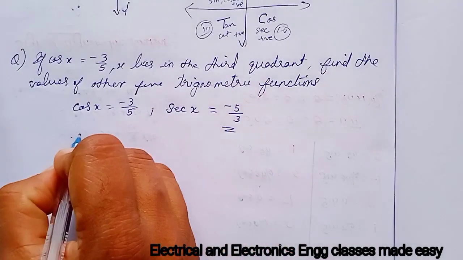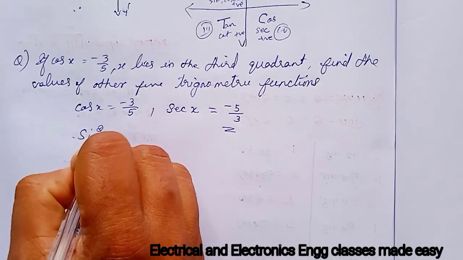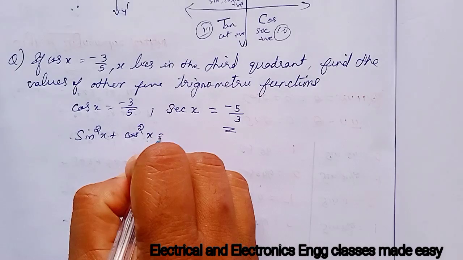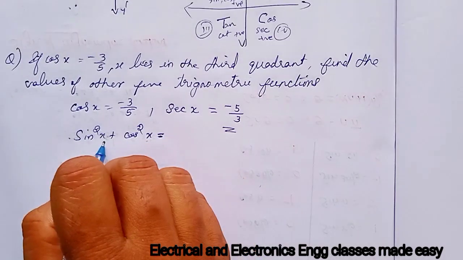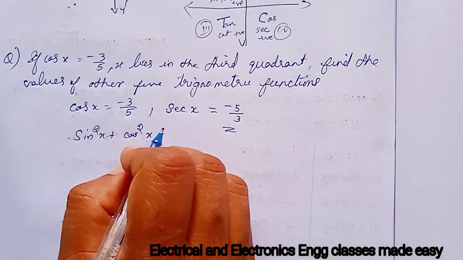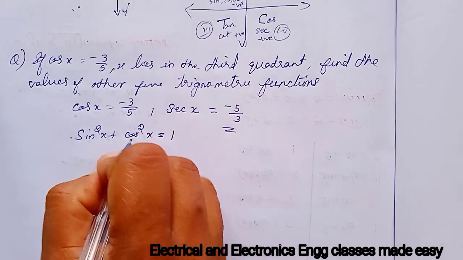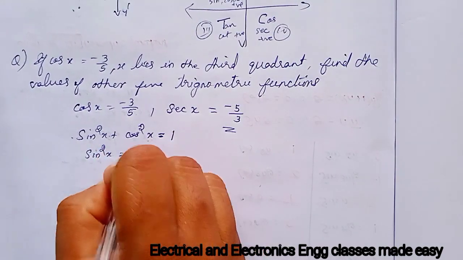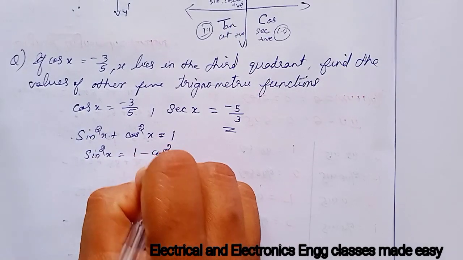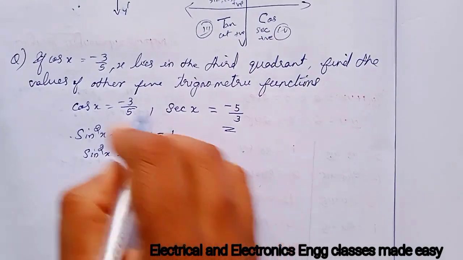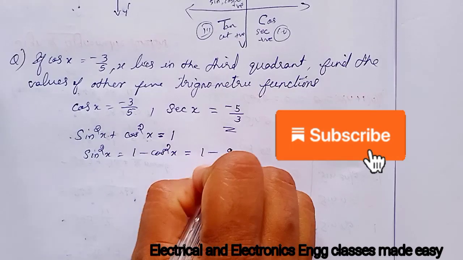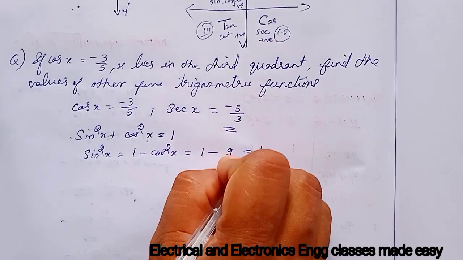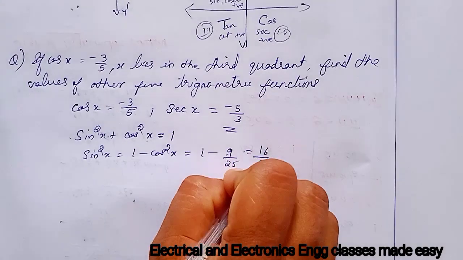Now we know the identity sine square x plus cos square x is equal to 1. From this we can write sin square x is equal to 1 minus cos square x, that is 1 minus 9 divided by 25, which is equal to 16 divided by 25.